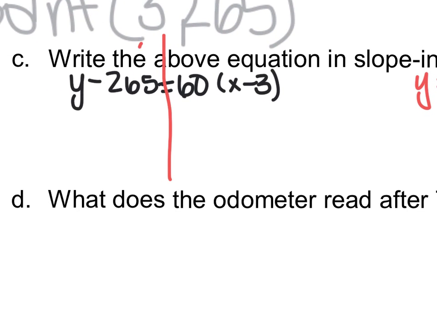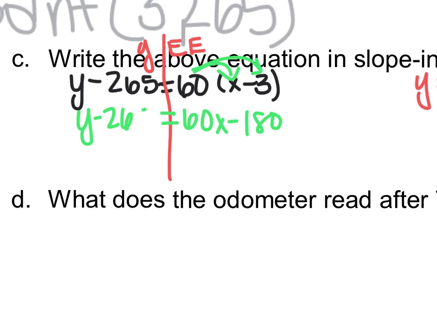So to do that, we need y's on one side, everything else on the other. So on the right-hand side, I'm going to distribute 60 times x is 60x, and 60 times negative 3 is negative 180. So I have y minus 265 equals 60x minus 180. To get y by itself, I'm going to add 265 to both sides.